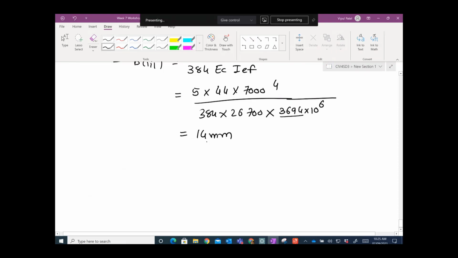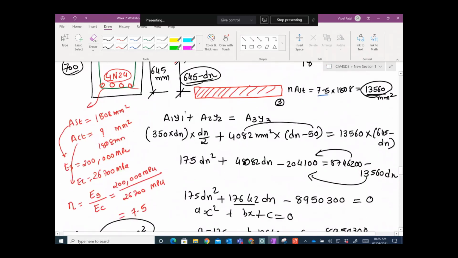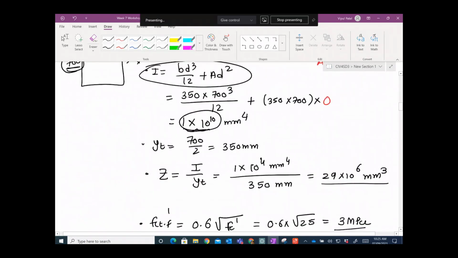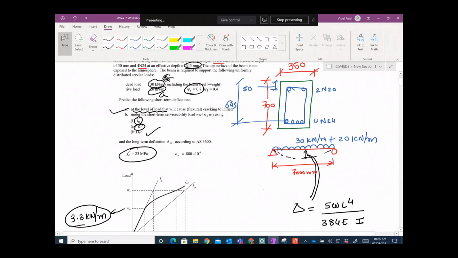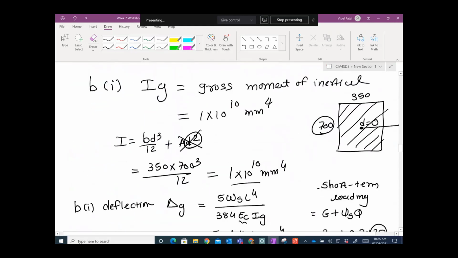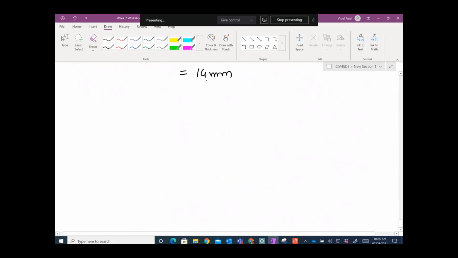Now we need to calculate the total deflections, because the last question is to calculate the long-term, total deflections. Let me explain that.